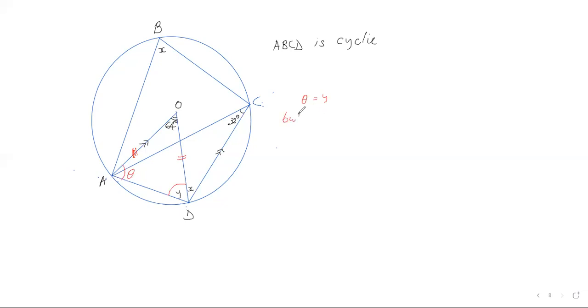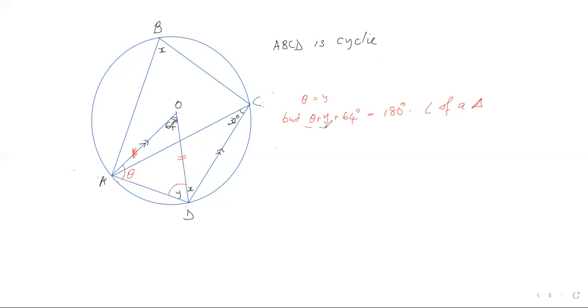but theta plus Y plus 64 degrees, not 640, but 64, is equal to 180 degrees. These are the angles of a triangle.